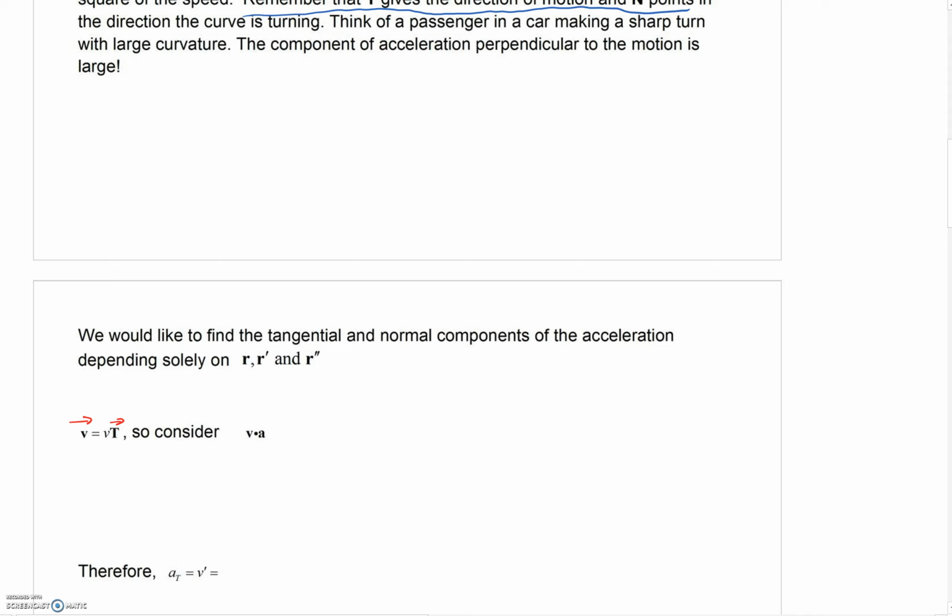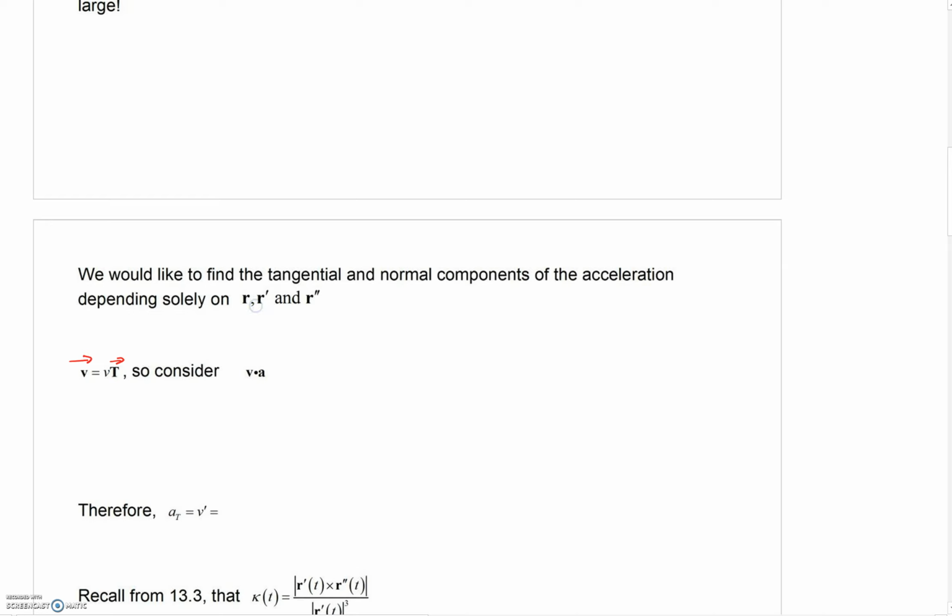So remember what we just saw a moment ago. The velocity vector is really the length of the velocity vector times the unit tangent vector. That little v there without the arrow is really the length of the velocity vector. So let's just consider the dot product of v and a. Well, we just saw what v is.